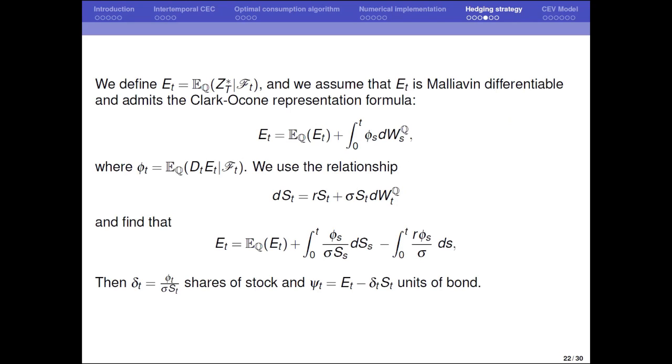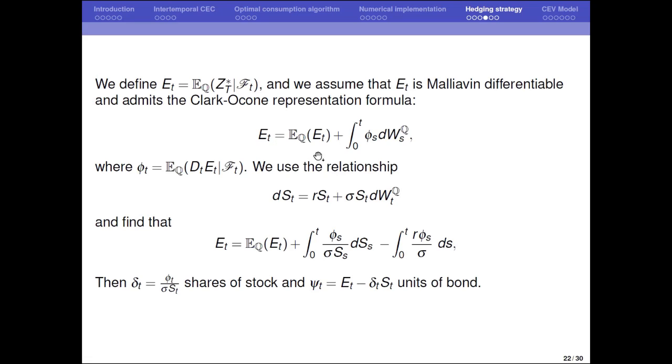Well, having this in mind, to find the delta and psi parameters, I define a new random variable E that is the expected value until time t of Z star. And let's assume that E of t is Malliavin differentiable and meets the Clark-Ocone representation formula.